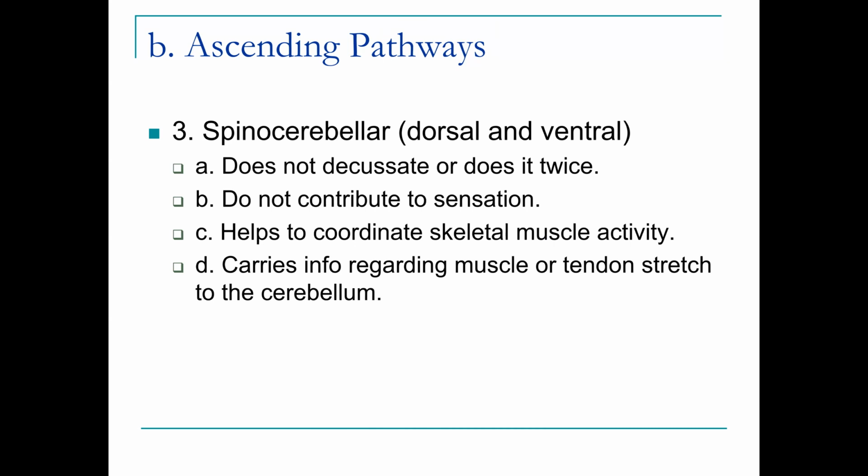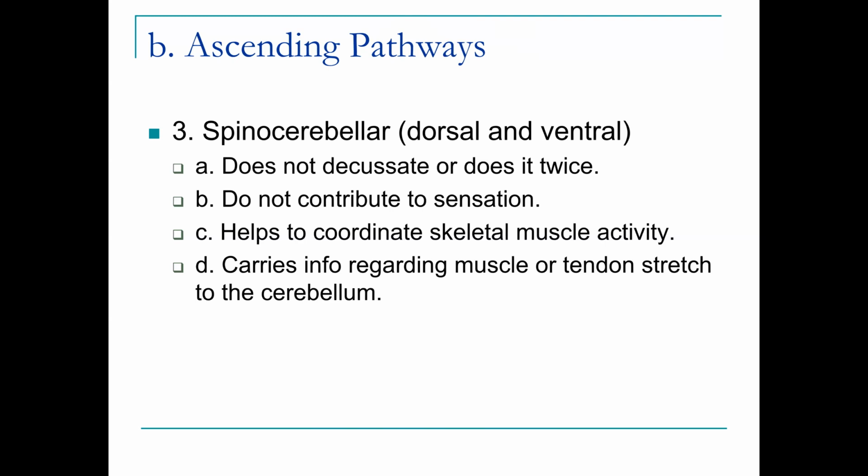In the cerebrum, we're talking about sensory motor. Left hemisphere controls the right side of the body, right hemisphere controls the left side of the body. In the cerebellum, we learned that the right lobe of the cerebellum controls the right side of the body.